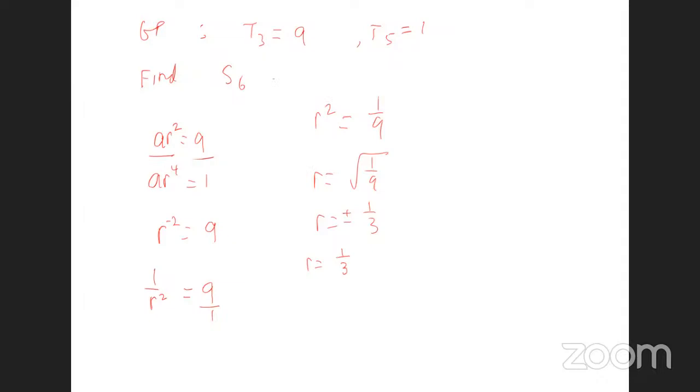All right, I got A to be 9 over R squared. So I got A to be 81. Yeah. So now we can find S6.